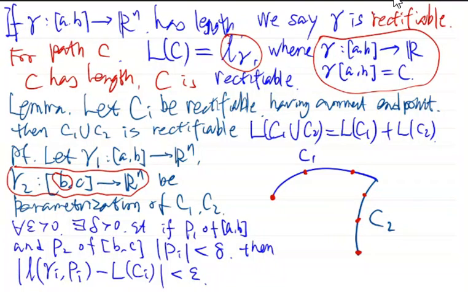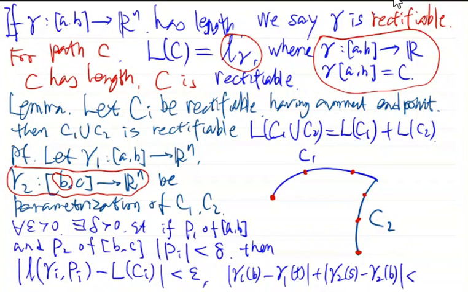Okay, and by the uniform continuity of gamma 1 and gamma 2, we might also assume that the distance from gamma 1 of b to gamma 1 of t, plus the distance from gamma 2 of s to gamma 2 of b, is less than epsilon, as long as s and t belong to the neighborhood of b minus delta, b plus delta.